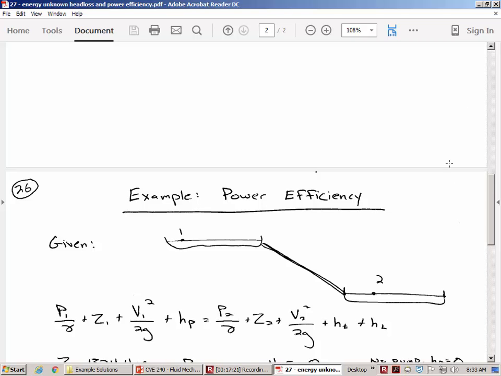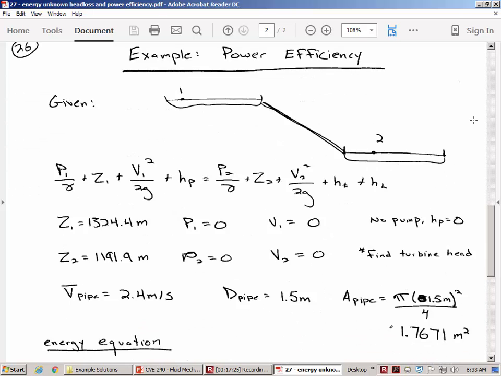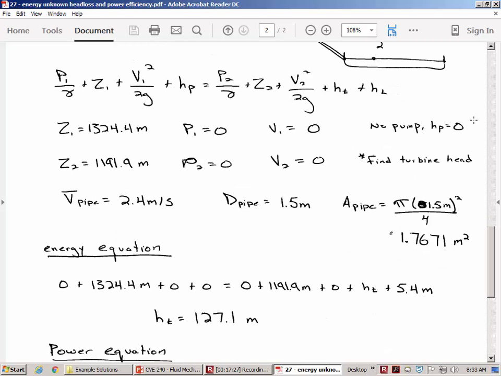So we might as well just neglect it entirely. So what we have is substituting in the elevations and the given losses of 5.4 meters, we get that the turbine head is 127.1 meters.